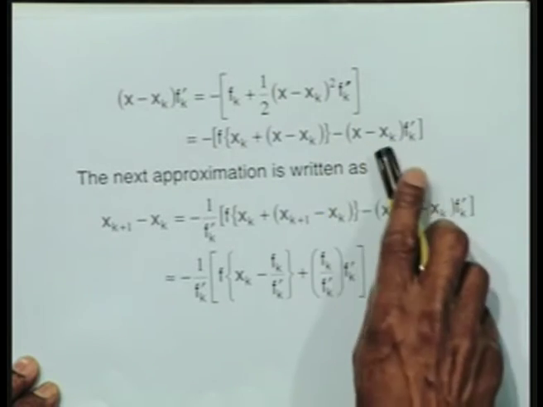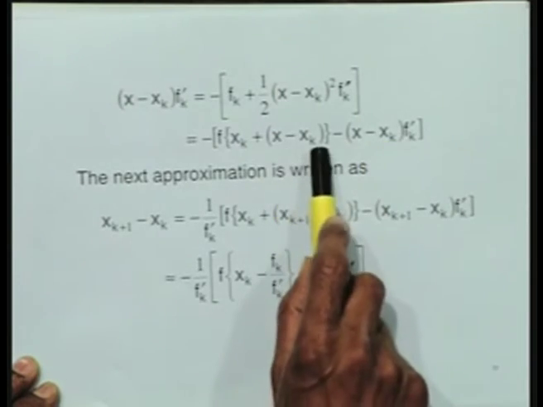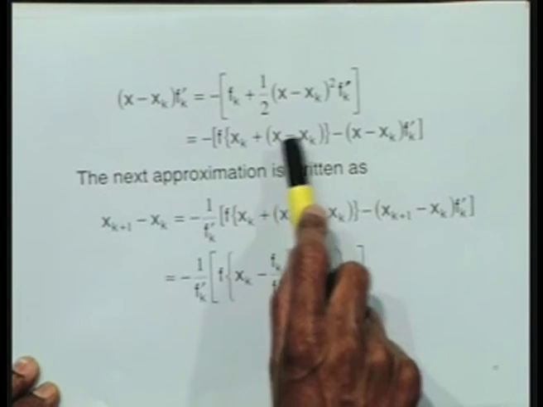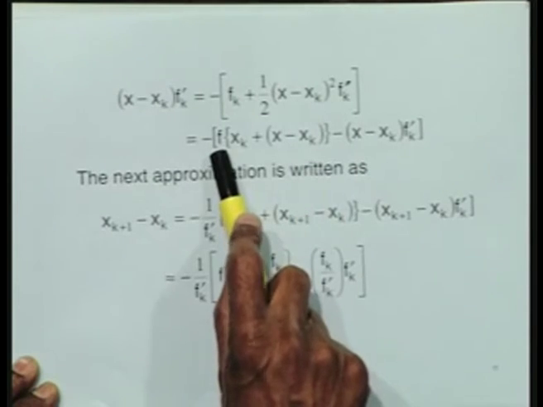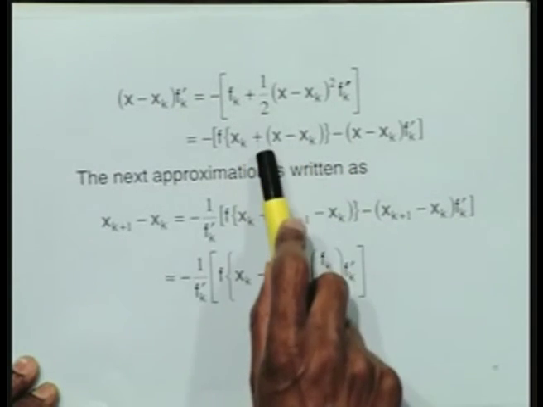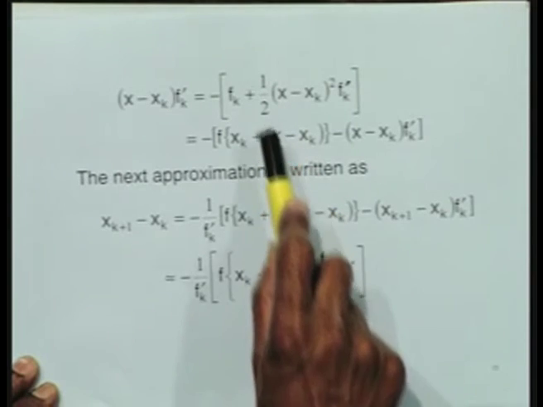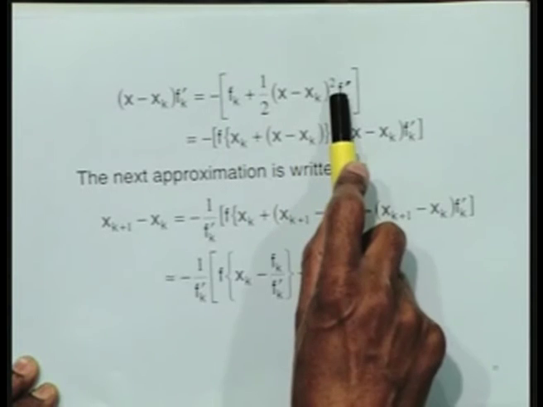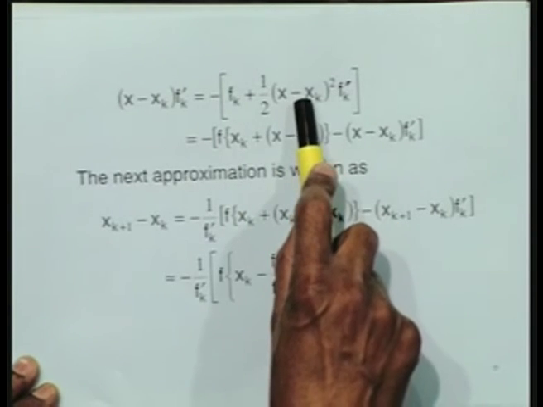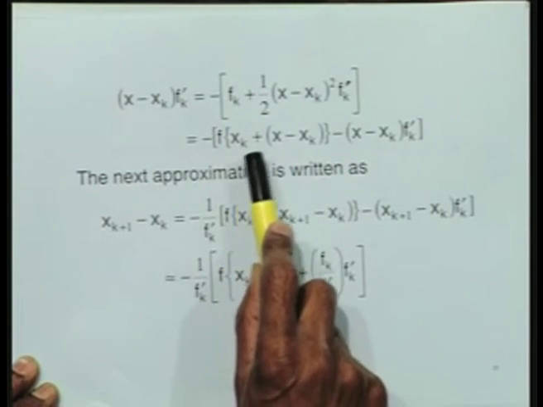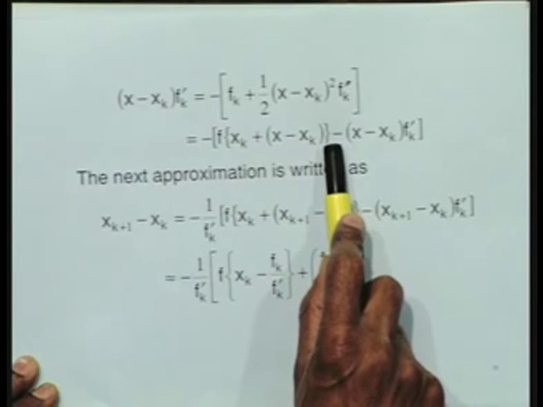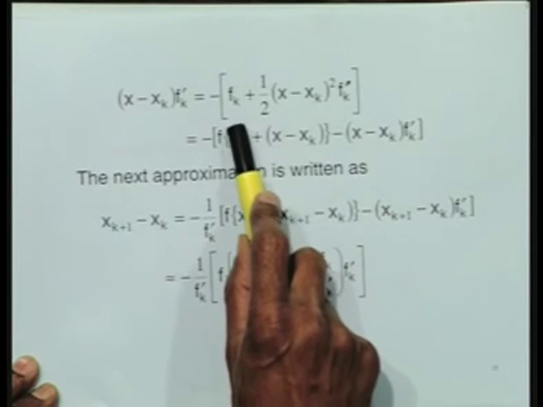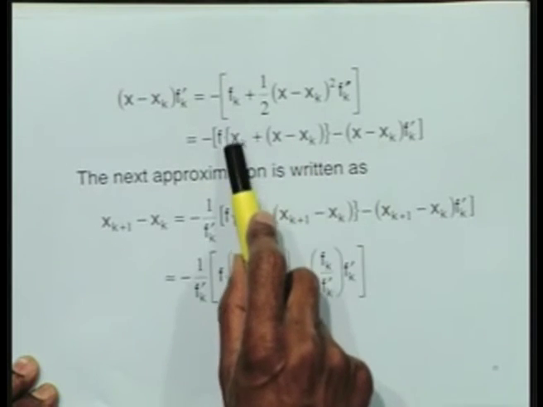So x minus xk f dash k cancels with x minus xk f prime xk that has come, and the next term is half x minus xk whole squared f double dash k, and that is this term. So to get this, we have added and subtracted x minus xk f dash k, and these three terms have become the first three terms of the Taylor expansion of f of xk plus x minus xk, this.